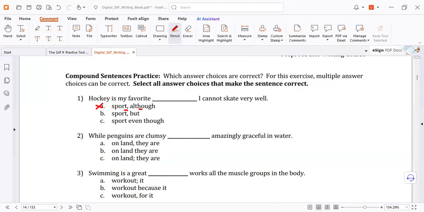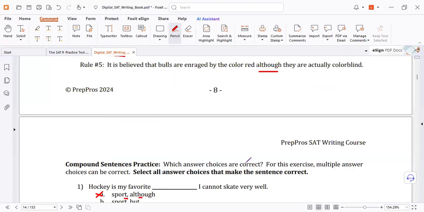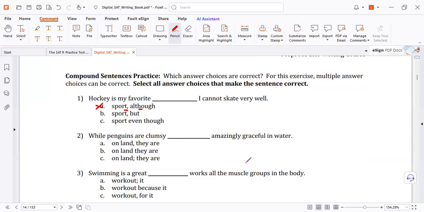Let us see. Here, comma FANBOYS, okay, complete, subject verb, complete. So B and C, both of them are correct. How could B be correct? Didn't you say you cannot put a comma?